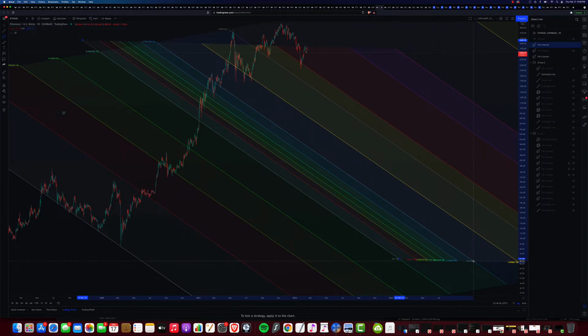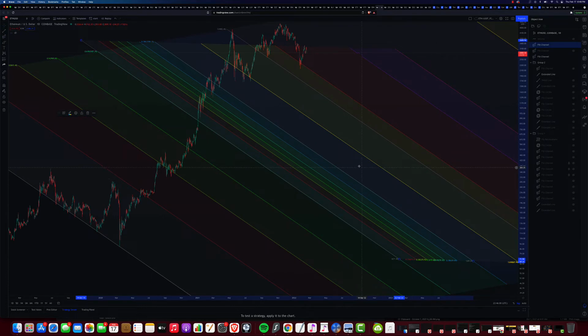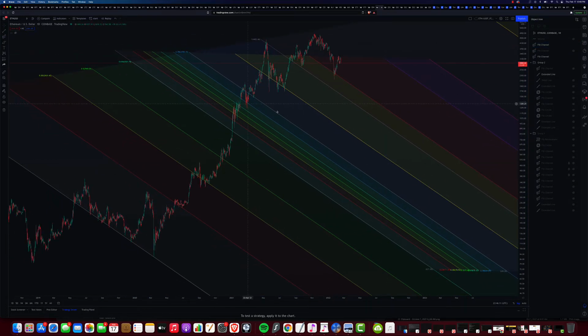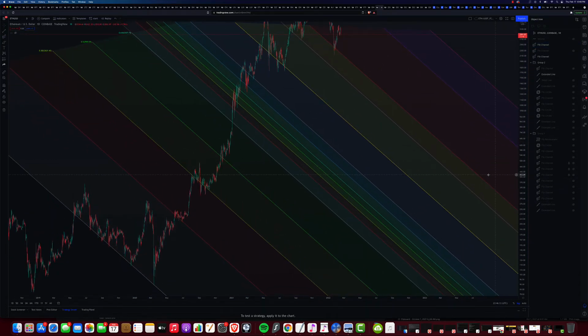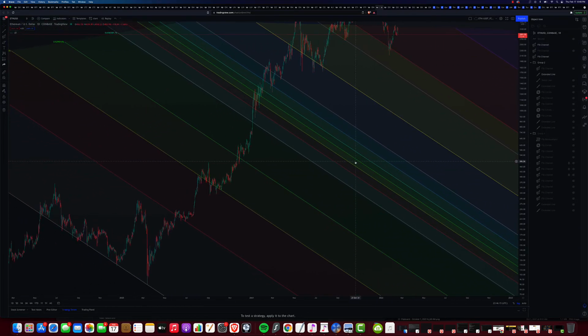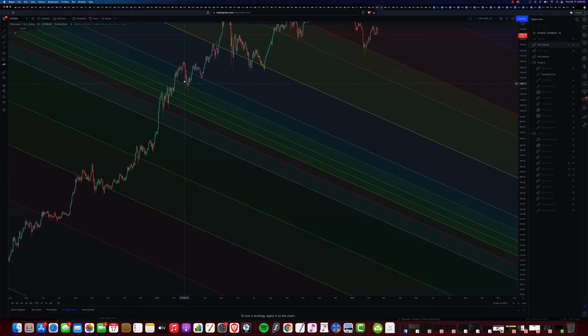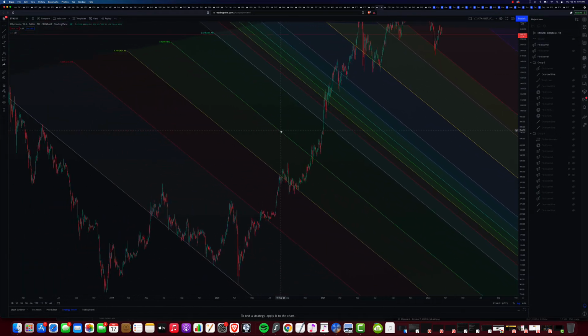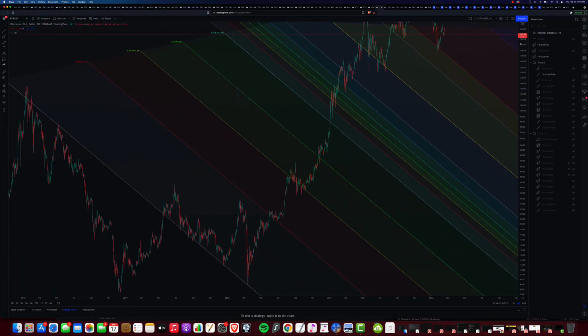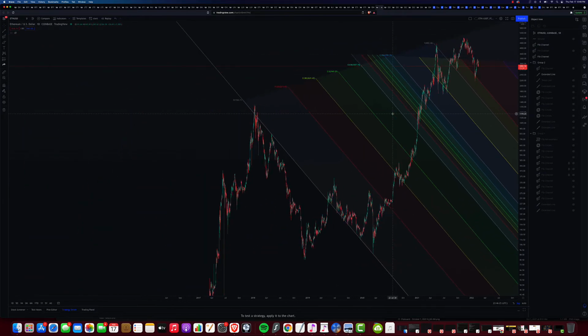Again, I'm going through this pretty fast. If I was not doing a tutorial, I'd be going a lot slower, trying to be more accurate, but for the sake of time, we're going to show you here. As you can see, more channels that price is respecting here. So it's safe to say that the fib channel we drew is pretty accurate for the purposes that we're using here.